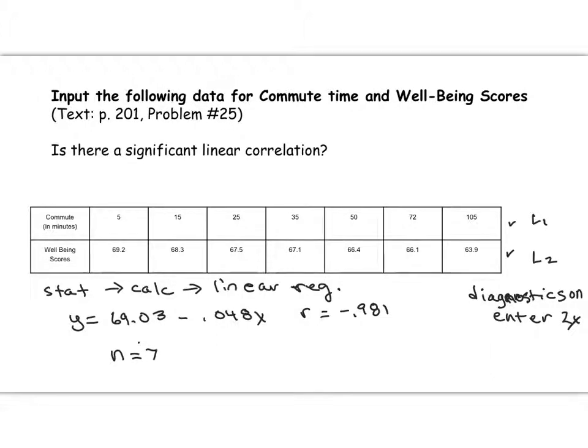If I go to the table, I have 0.754, which is less than the absolute value of negative 0.981. So I would say that yes, I have a significant, strong negative correlation.